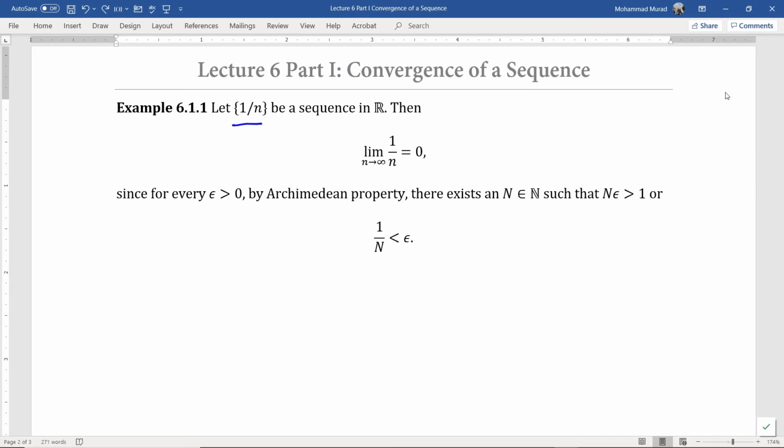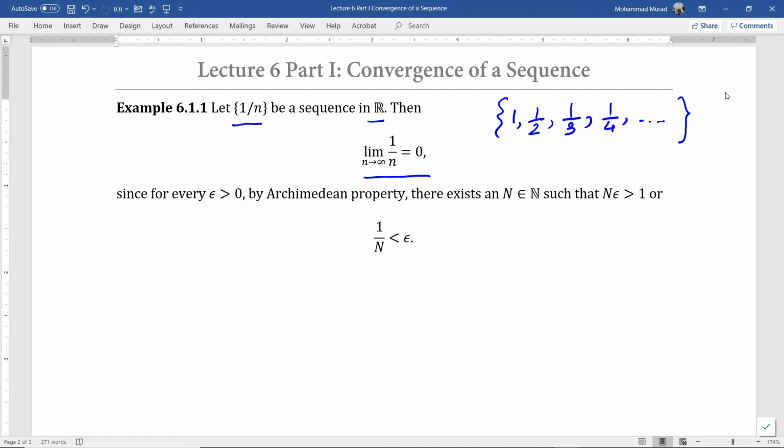Let this be a sequence in R. So this sequence contains elements like 1, 1/2, 1/3, 1/4, and so on. Then the limit of 1 over n as n approaches infinity is equal to 0.